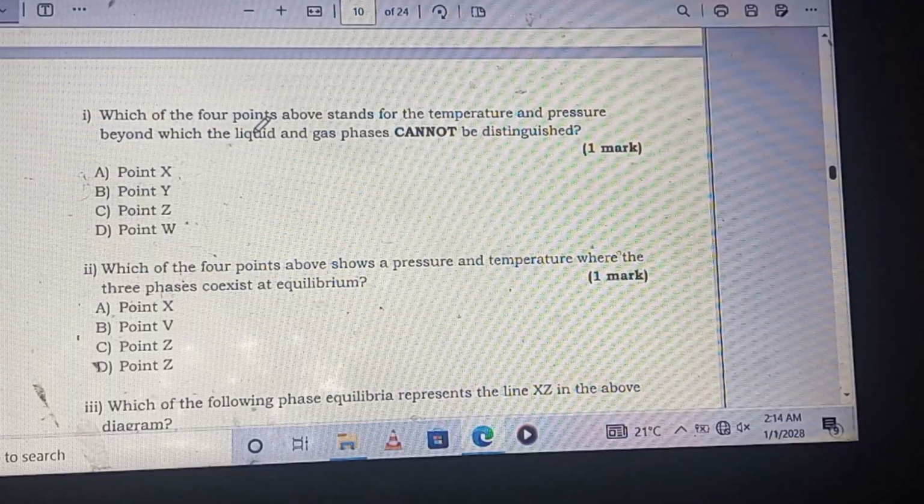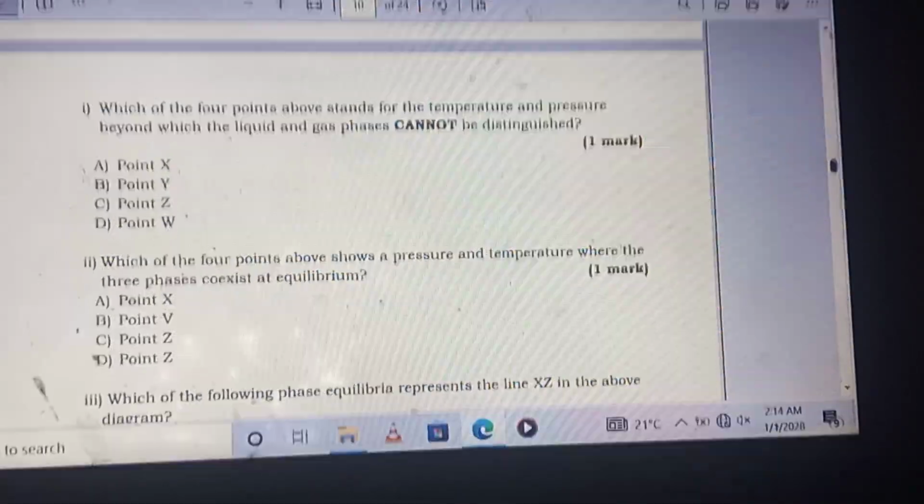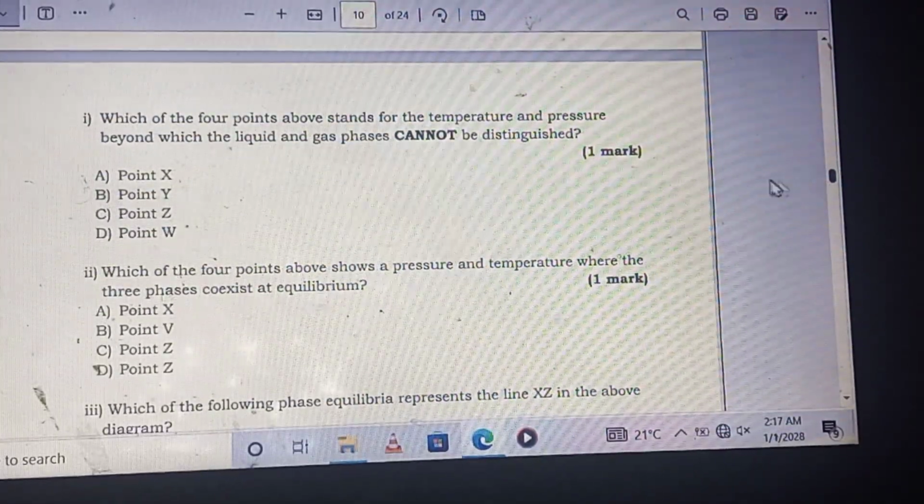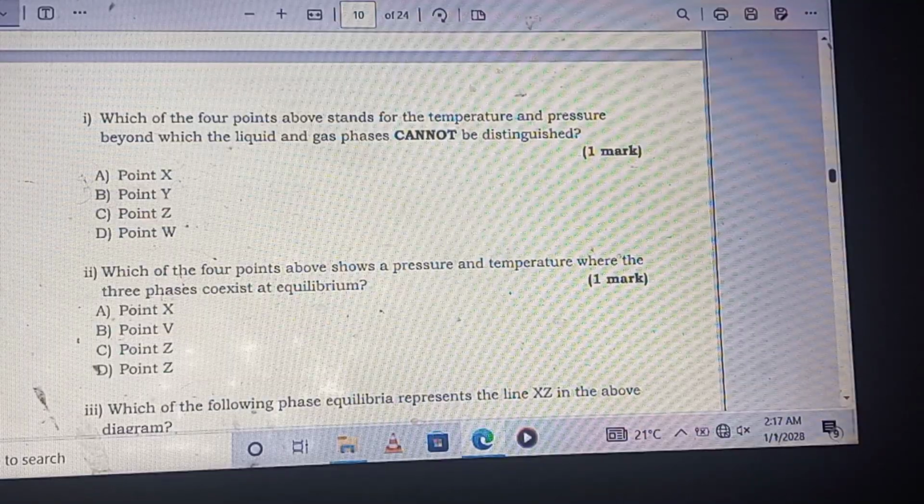I. Which of the four points above stands for the temperature and the pressure beyond which the liquid and the gas phase cannot be distinguished? The correct answer is letter B, point Y.